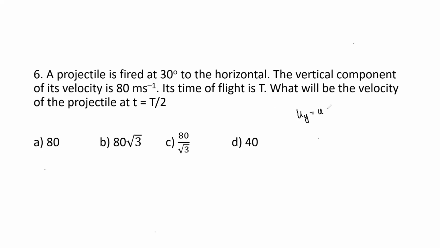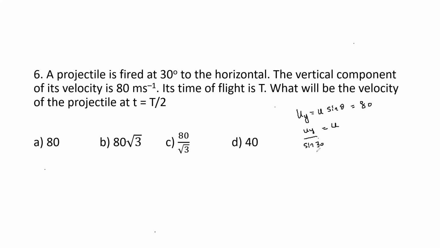Therefore, uy is equal to u sine theta, which is equal to 80. Therefore, we can write u is equal to uy divided by sine of 30 degree.